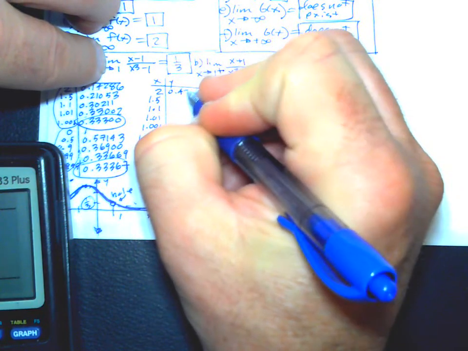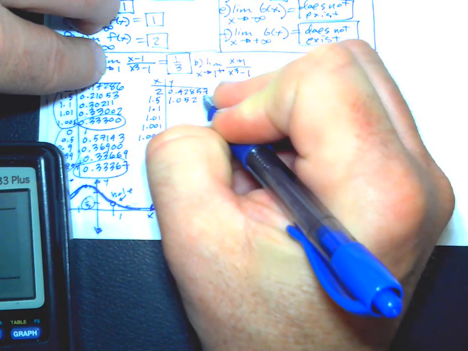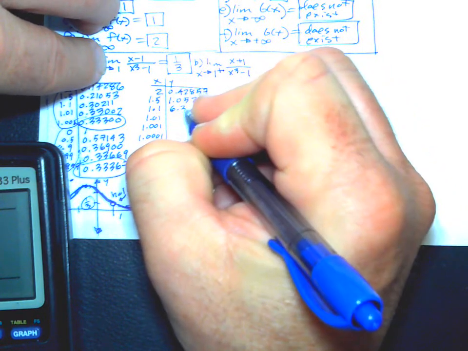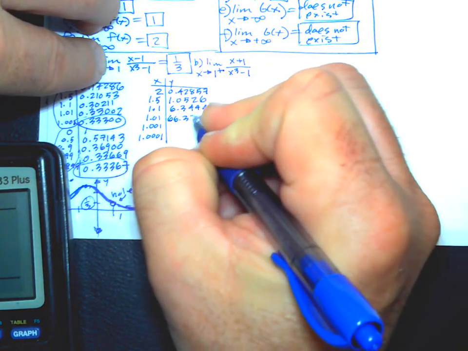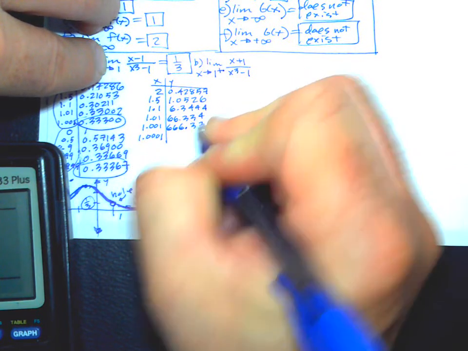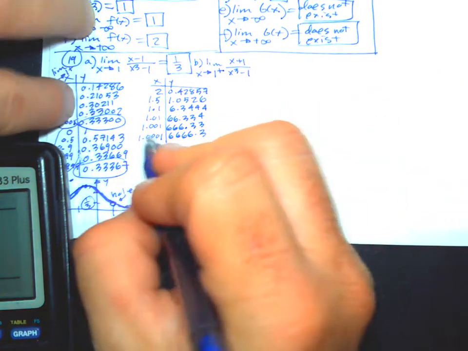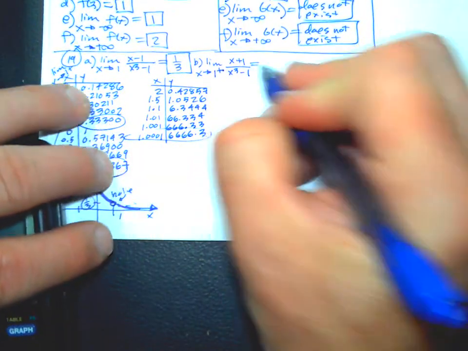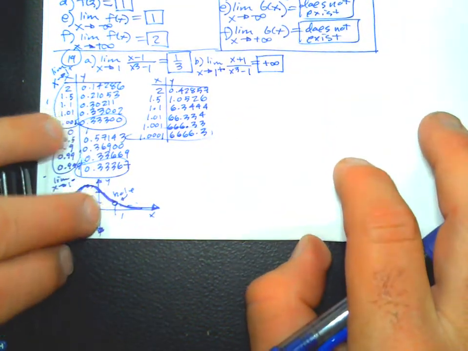I'm going to write those in real quick. 1.42857, 1.0526, 6.3444, 66.334, 666.33, 6,666.3. So it appears to be going to positive infinity. Technically does not exist.